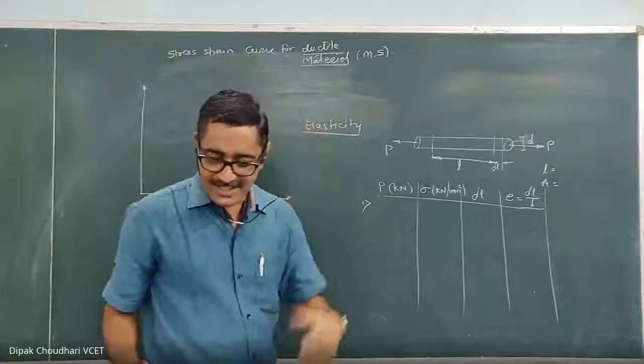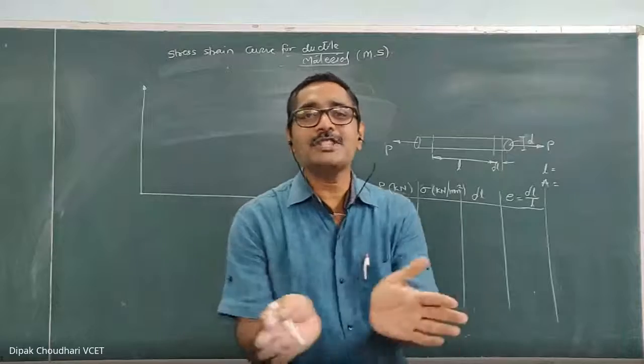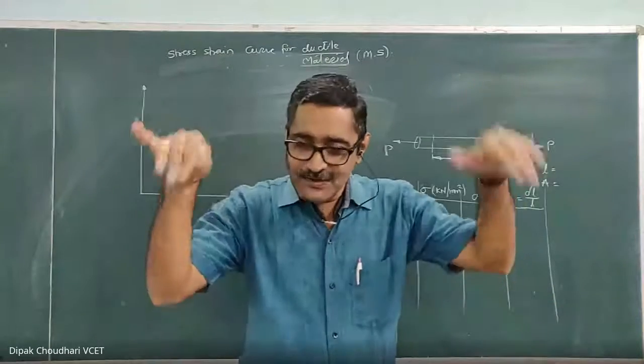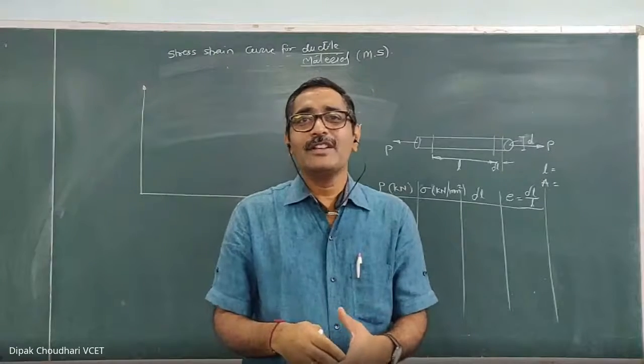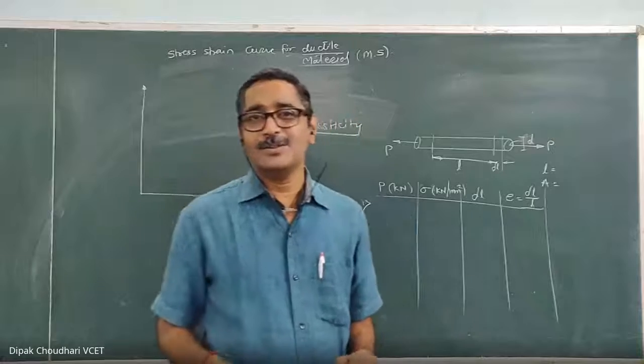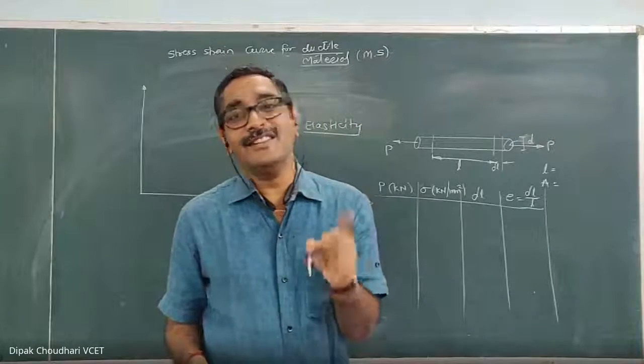The first property is elasticity. What is elasticity? Elasticity is the property by virtue of which the material elongates, and once we remove the external applied load, the material regains its original shape and size. Then that material is known as an elastic material.